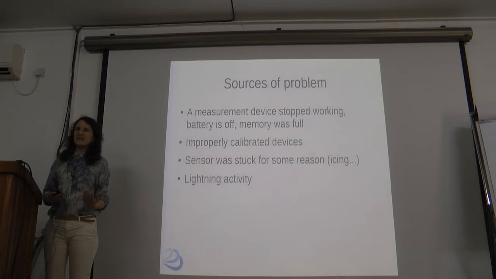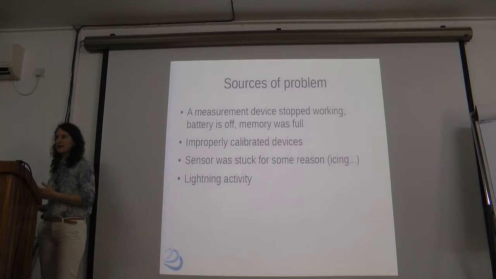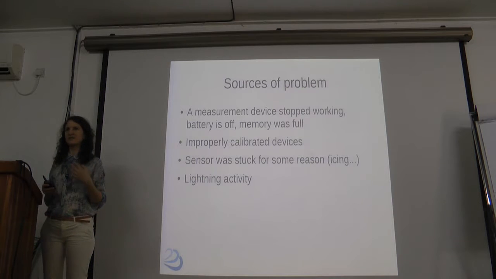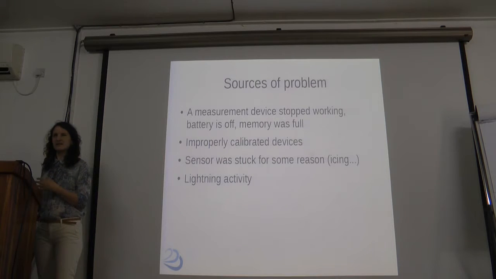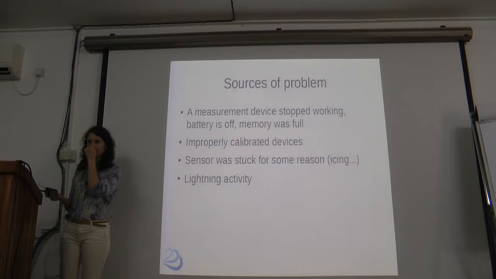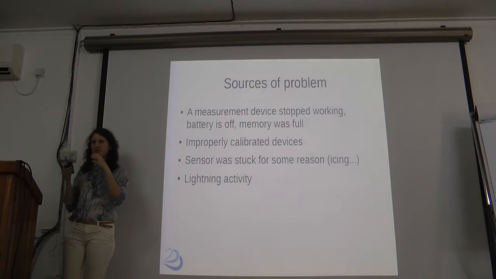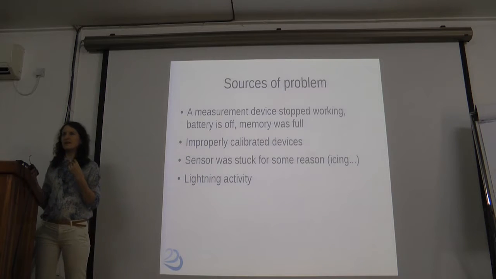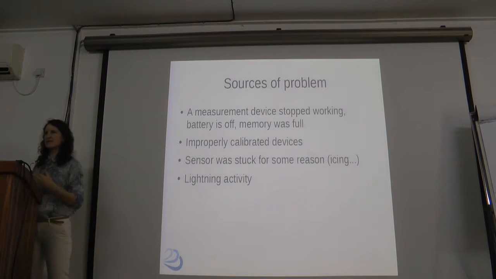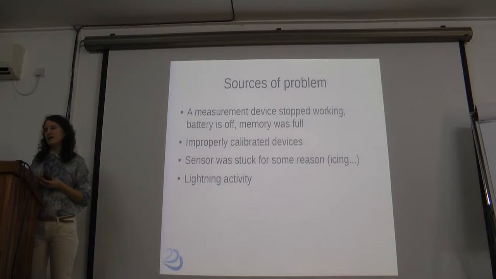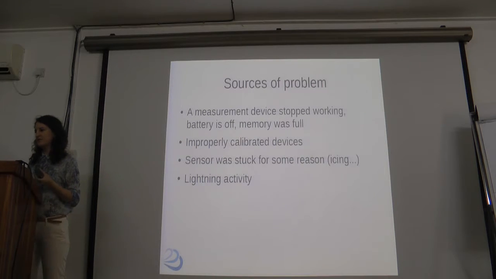For some reason, the sensor can get stuck, like in northern countries, from icing, when ice is building up, for example, around the wind sensor, so it cannot move around to see what the wind direction is. Another source is lightning activity, when you can have the sensor stuck for some time.